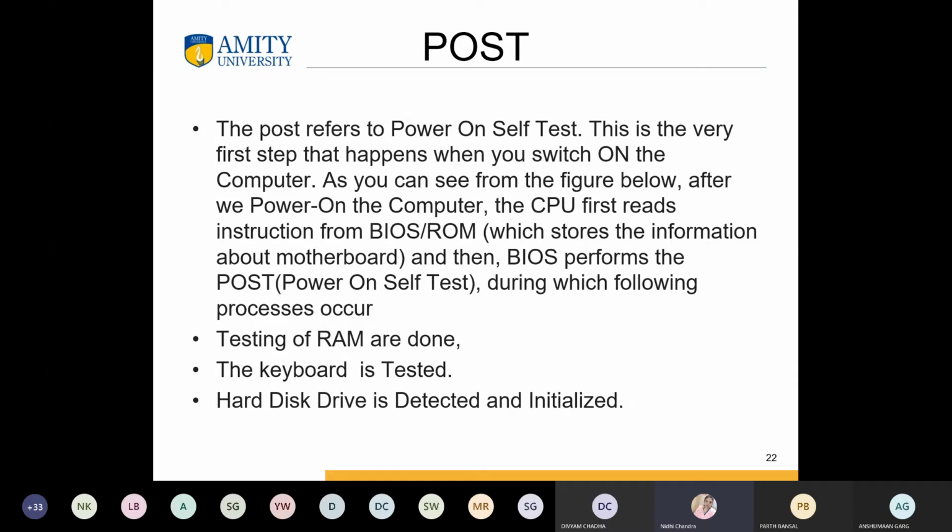And what exactly does it check? It is sending one signal to each and every system, or you can say hardware, which is connected. For example, testing of RAM is there. If there is any issue with the RAM, it will definitely come up with some kind of beep messages, or some kind of screen will come up, a dark blue screen or black screen.